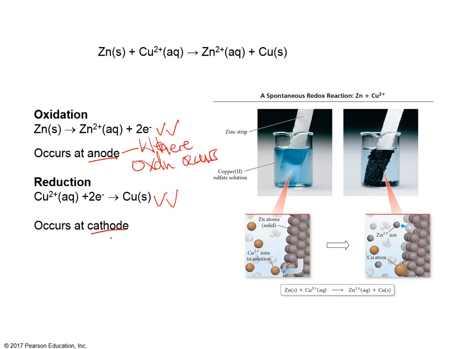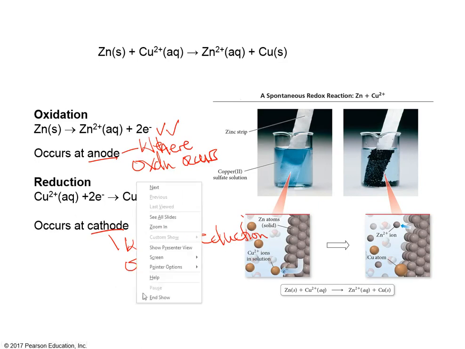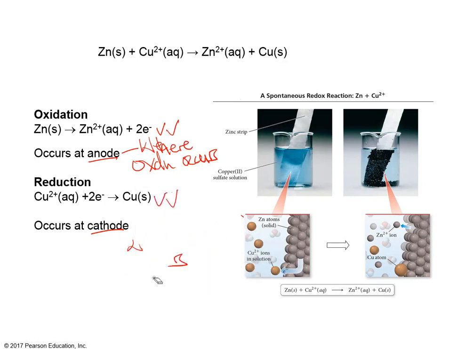While a cathode is where reduction occurs. So what do we mean by that? So let's look at the diagrams to the right there. They will give us information about oxidation and reduction.